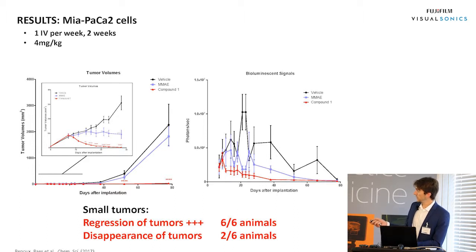Regarding the bioluminescent signals, we observed disturbances due to the presence of hypoxia inside this tumor, an increase in bioluminescent signal for the vehicle group and a decrease in bioluminescent signal, instead of a continuous growth of this tumor. We observed a regression for every animal and a disappearance of tumor for 2 animals.